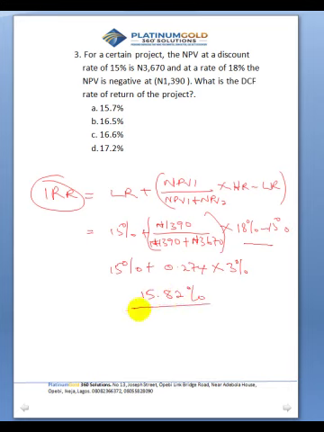That is how you get your IRR. Here, what is it? 15.82. There's nothing nearer to that.